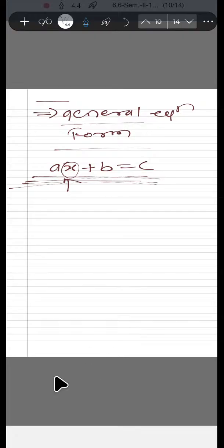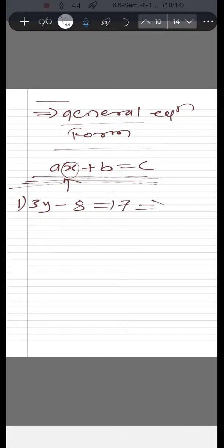How? Here first I am going to take one example. The example says 3y minus 8 is equal to 17.